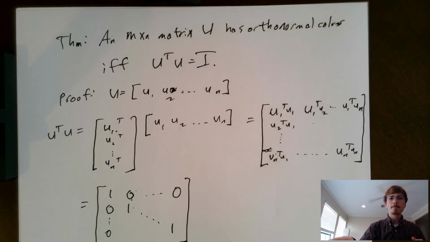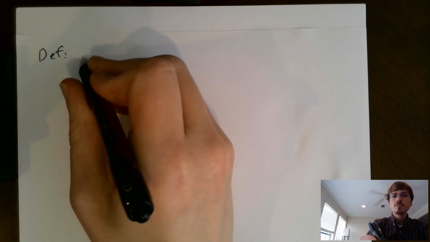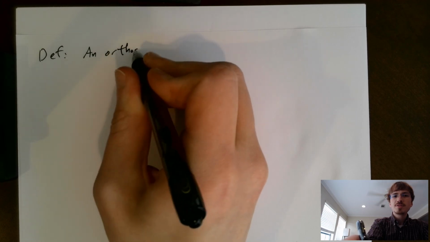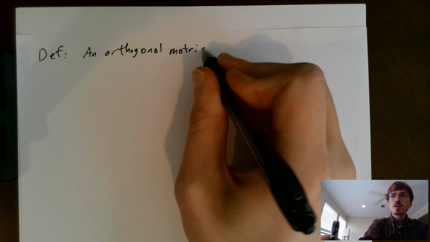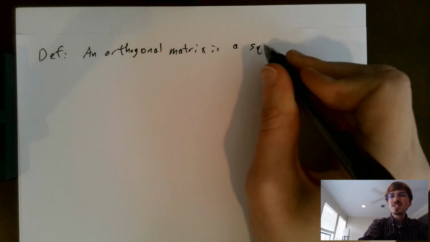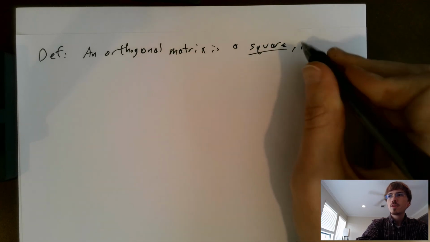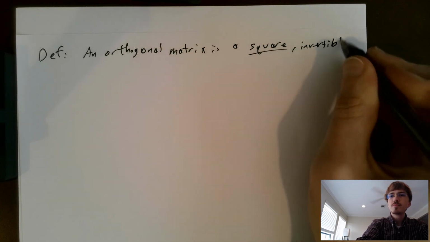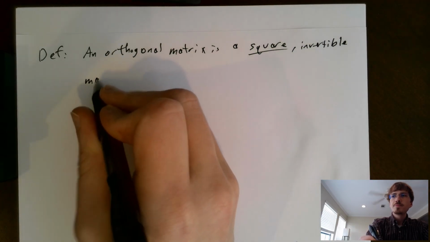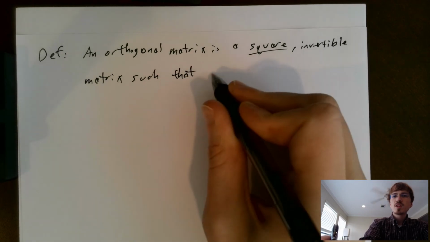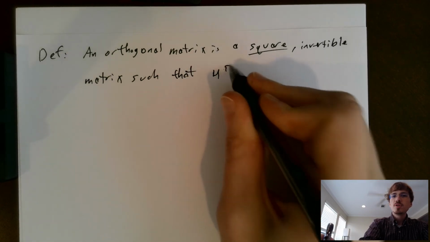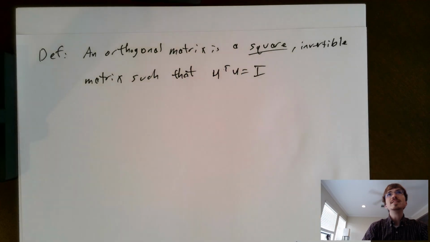All right, let's get a definition. An orthogonal matrix, so we mentioned that this is our special name for these things, is a square, invertible matrix such that U transpose U is equal to the identity matrix.